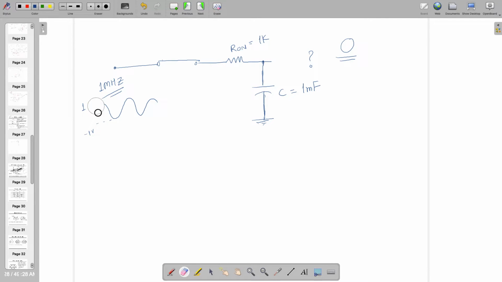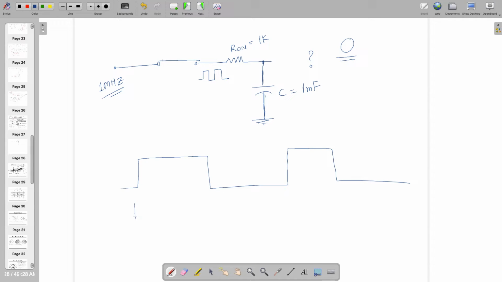If you don't like this one, let's make this one a square wave, right? You have studied this one. For a square wave, what is the output? If you remember, the square wave of 1 megahertz, this is 1 microsecond, this is 0.5 microsecond.